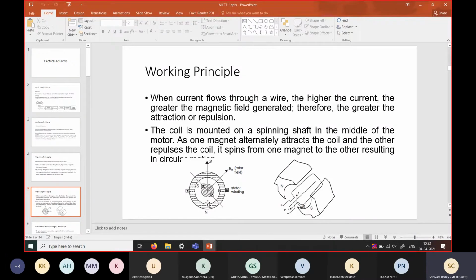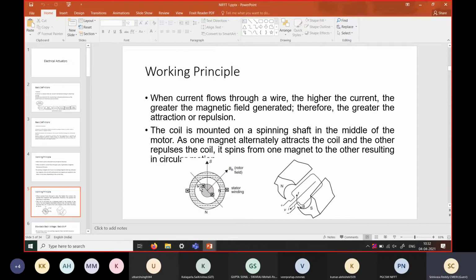Now the motor stops rotating if we do not change the south and north poles on the rotor winding. So what we need to do is, after they achieve the shortest distance, reverse the flow of current in the winding, so that again they will start repulsion or attraction.